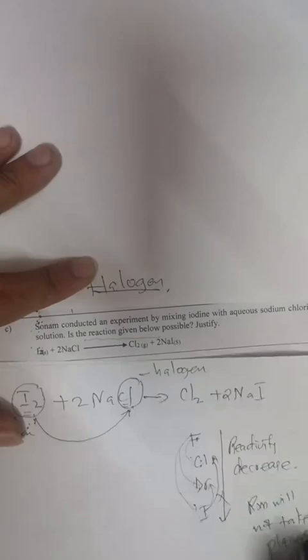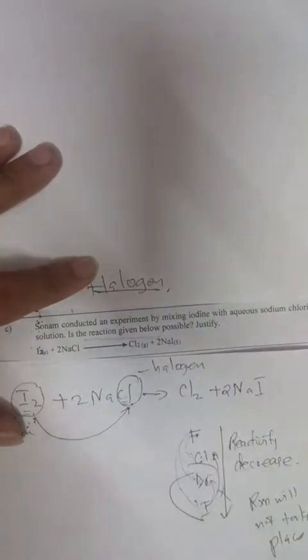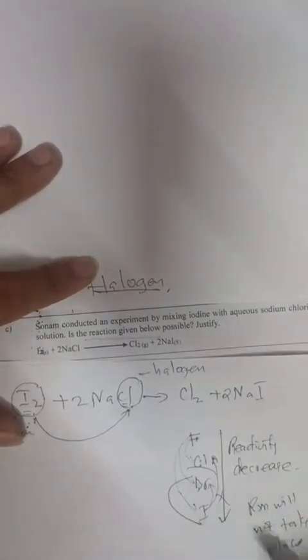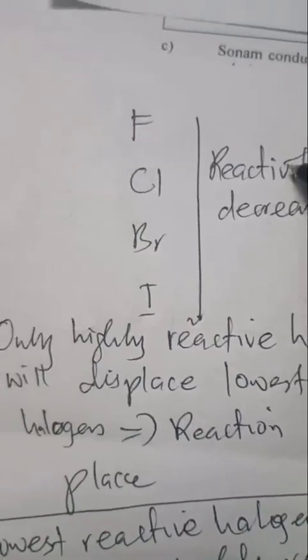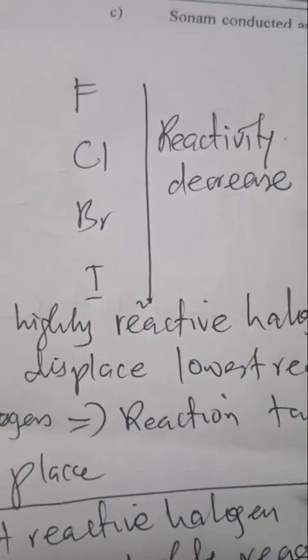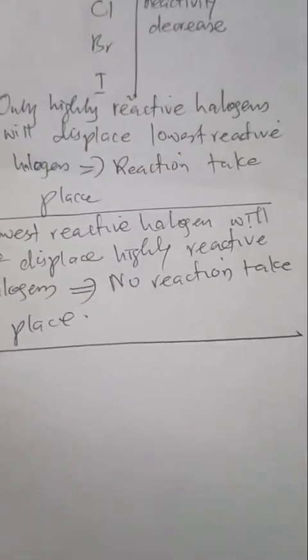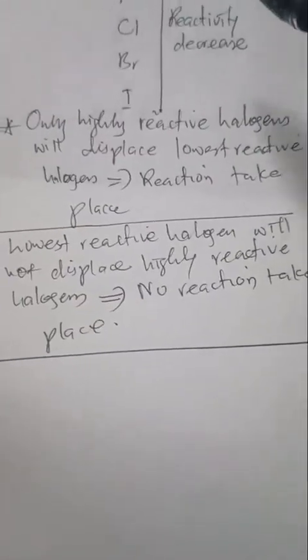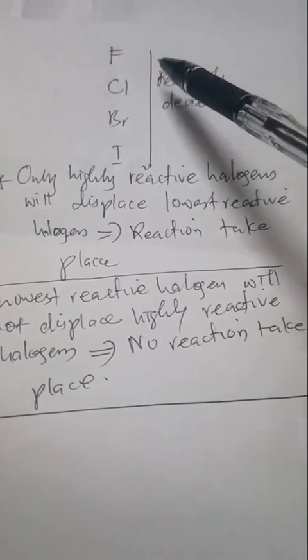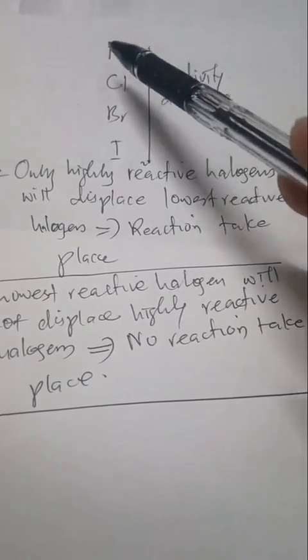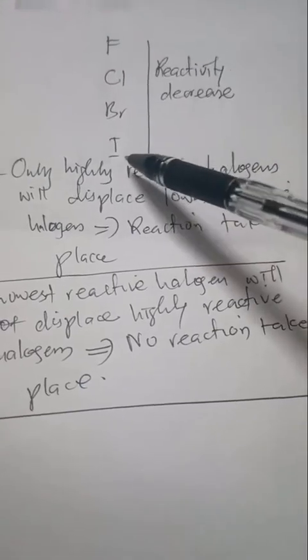Down the group reactivity will decrease, so the top one is the most reactive and this is the least reactive.